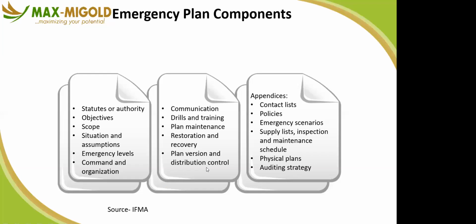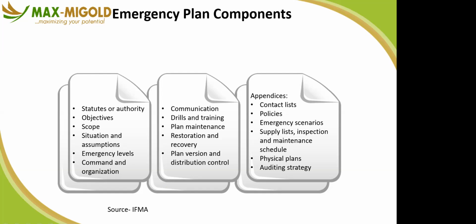Thank you, Mark. Okay, so an emergency plan should contain the legal requirements or the statute, what is called the authority for implementation, because you can't speak to your management without telling them what legal requirements you are trying to comply with or what business policy you're trying to enhance or drive.